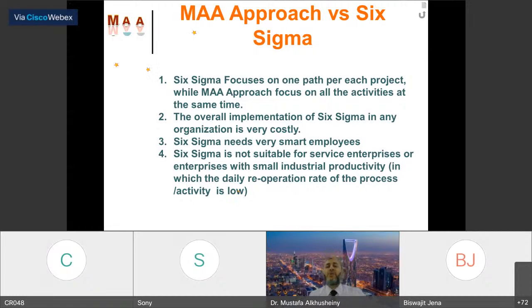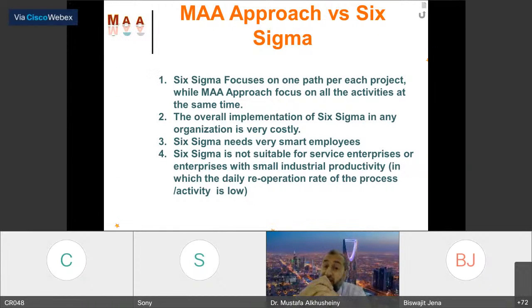Now let us talk about Six Sigma. As we know, Six Sigma focuses on one path per project. For that, it's very expensive because the criteria of Six Sigma is very high.